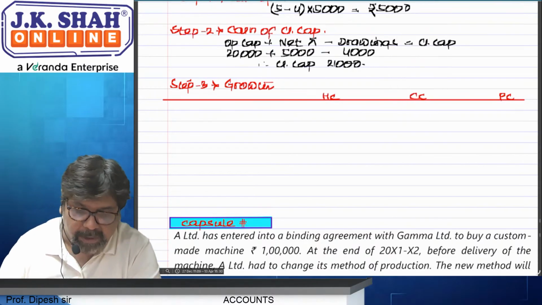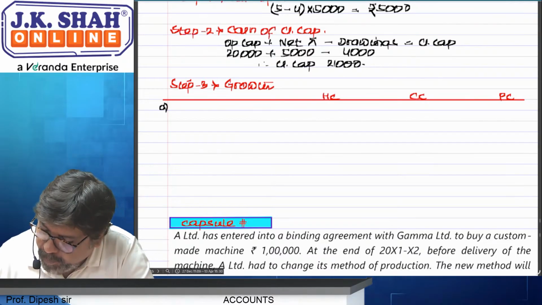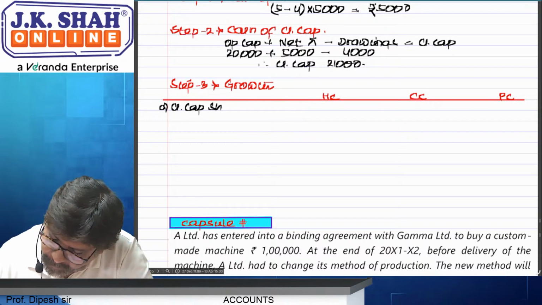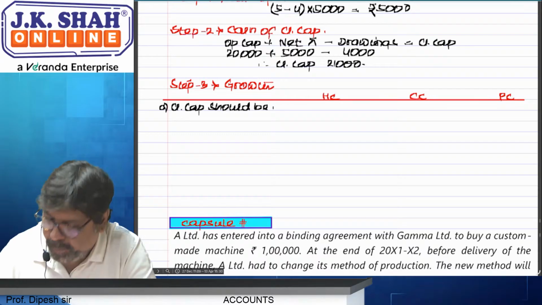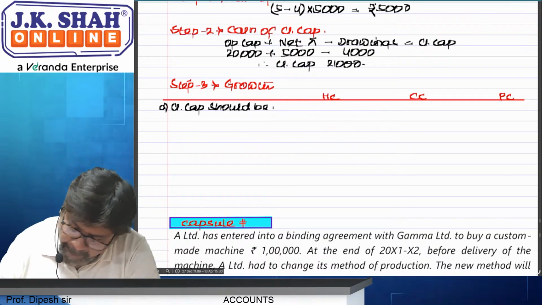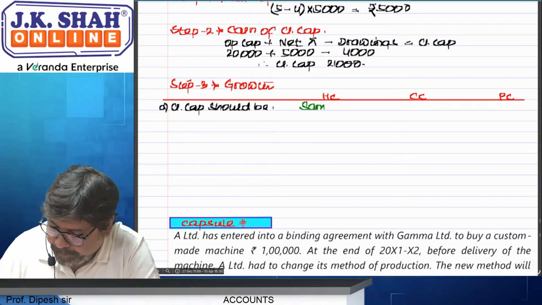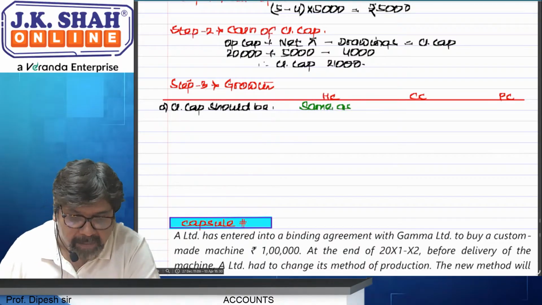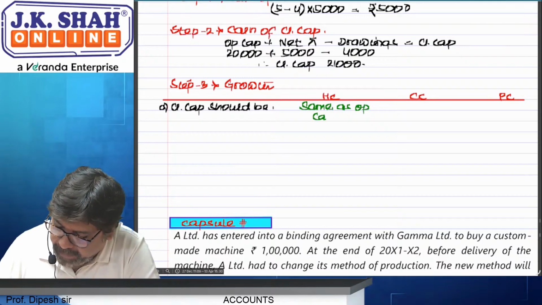Now chartered, closing capital should be as per historical cost same as opening capital. That is how much?